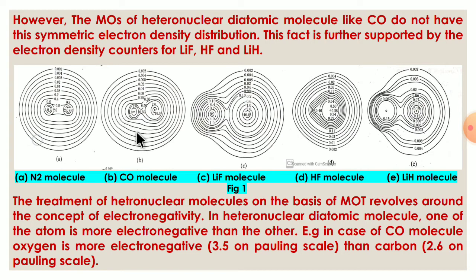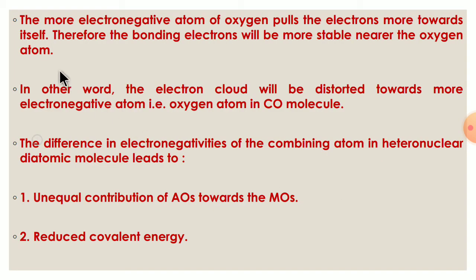Therefore, the molecule looks like this. The more electronegative oxygen atom pulls the electron more towards itself. Therefore, the bonding electrons will be more stable nearer the oxygen atom. In other words, the electron cloud will be distorted towards the more electronegative atom, that is the oxygen atom in the CO molecule.